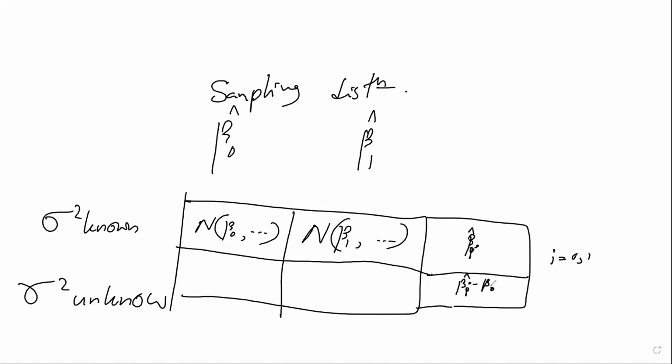Beta i hat minus beta i divided by S of beta i hat, because i is for beta naught and beta 1. If this is the quantity, it is T distributed with n minus 2 degrees of freedom.